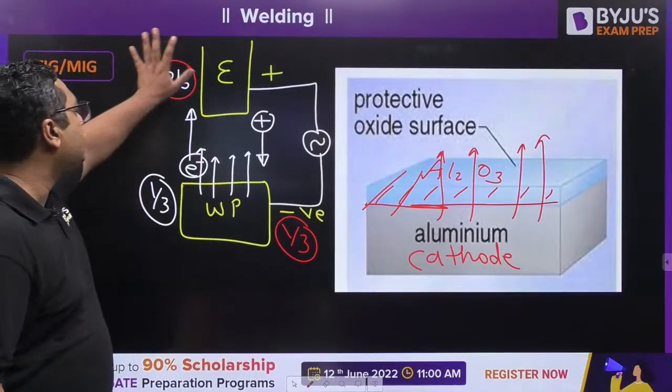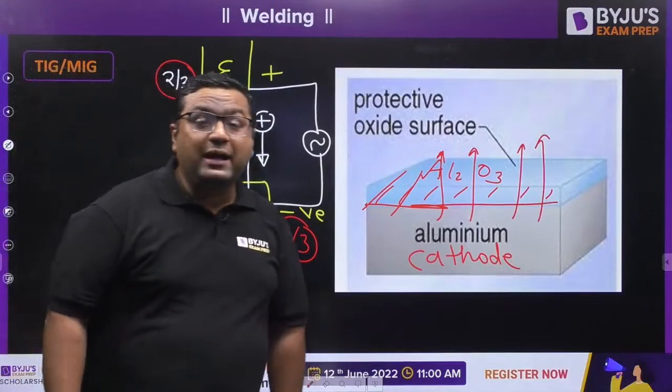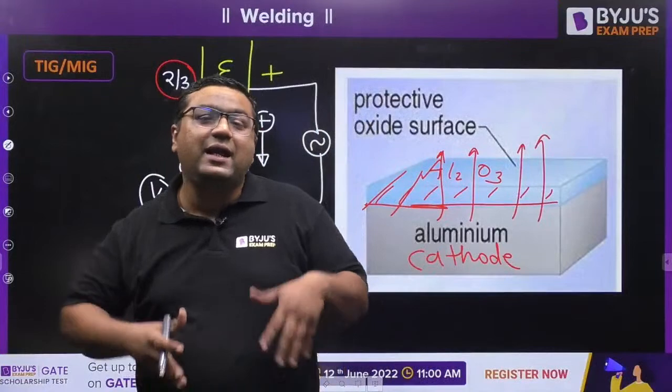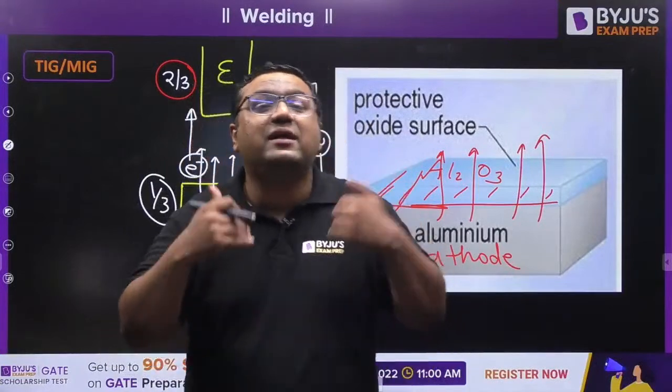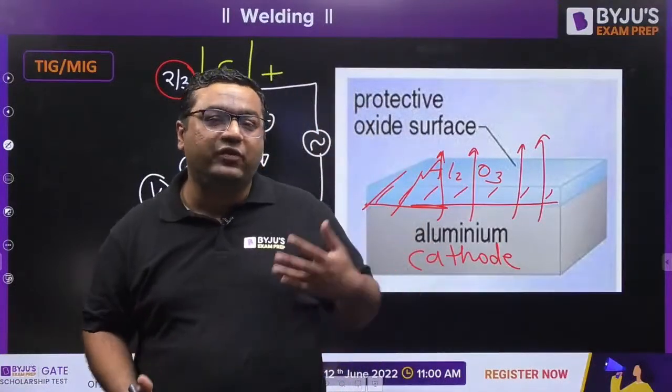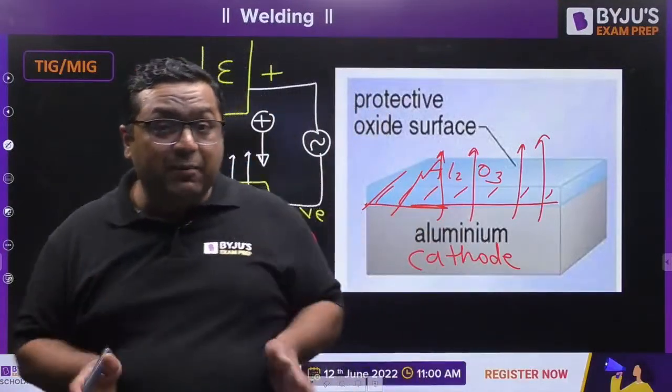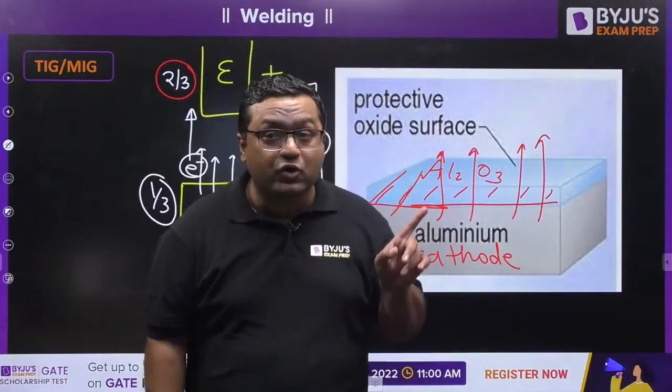Because of this 2/3 energy, to withstand it, we wanted an electrode which can bear that energy. For that purpose, we are using tungsten because it has a high melting point temperature. But still, my dear, tungsten should be non-consumable.